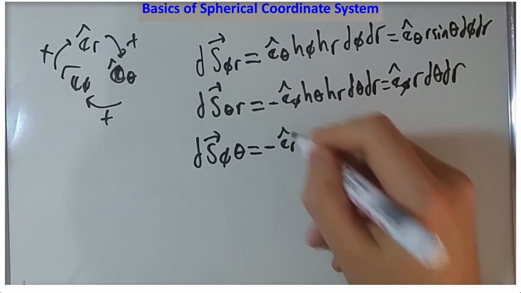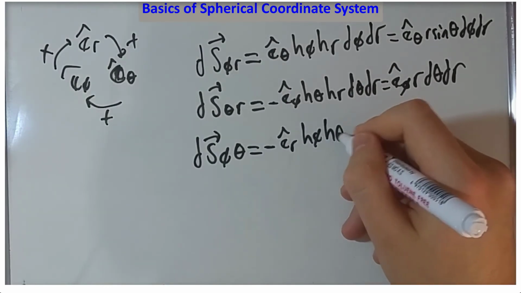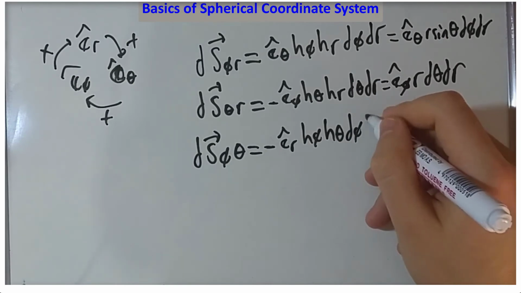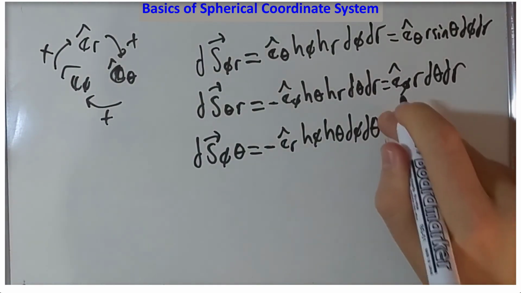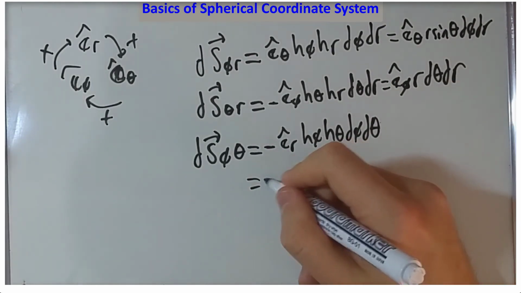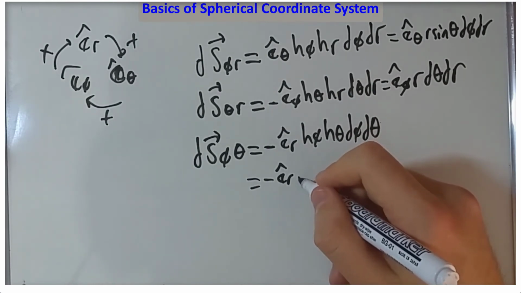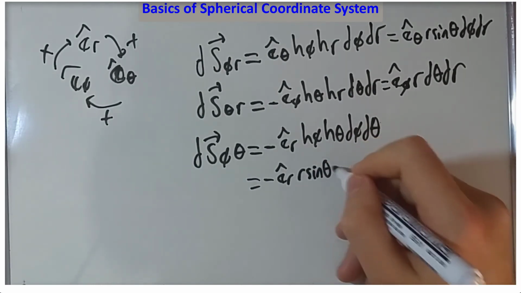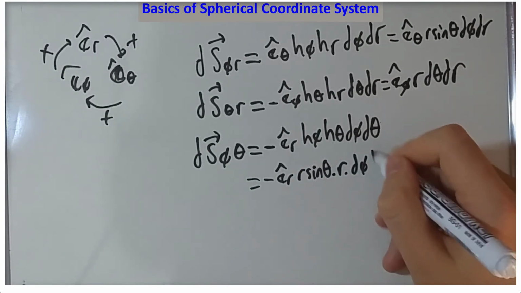In the direction of er, h phi, h theta, d phi, d theta. I am writing at the bottom: in the minus er direction, what is h phi? R sin theta, r d phi, d theta.